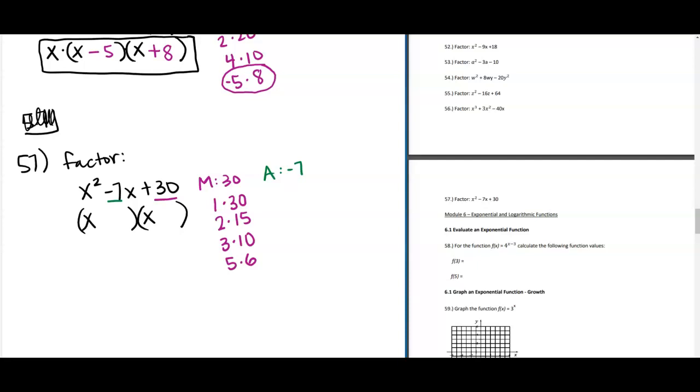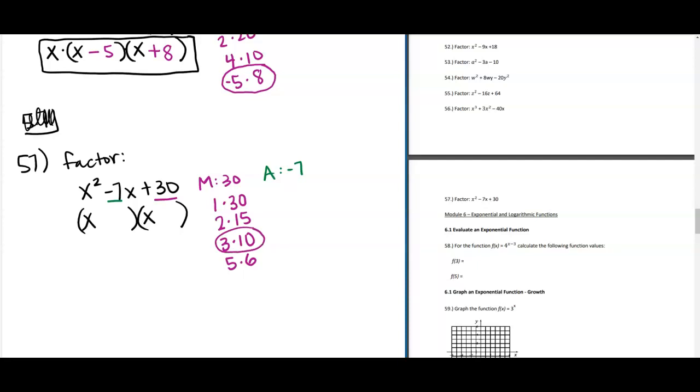And so if we look at these and we're trying to think, okay, is there any way that I could add or subtract these to be a negative 7 there in the middle? That's what we're trying to look at here. So some people think, well, what about this 3 and 10?